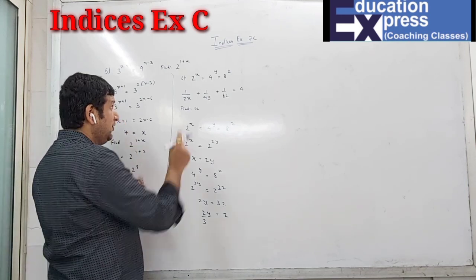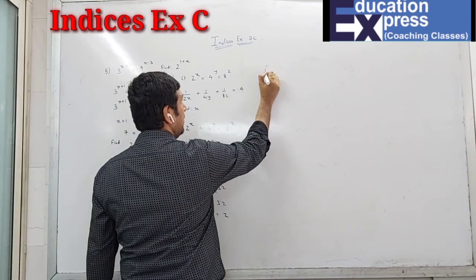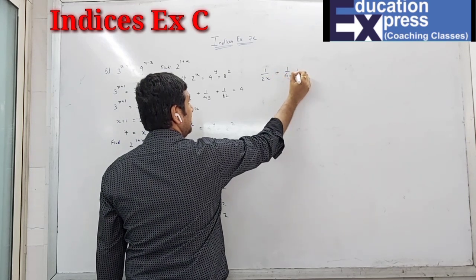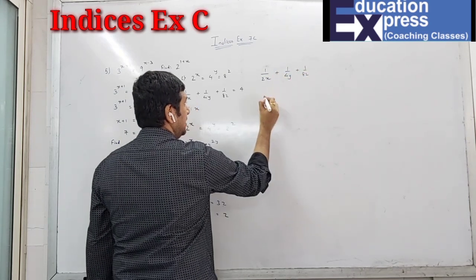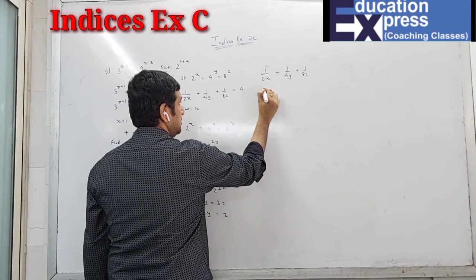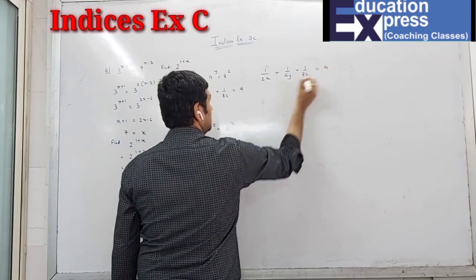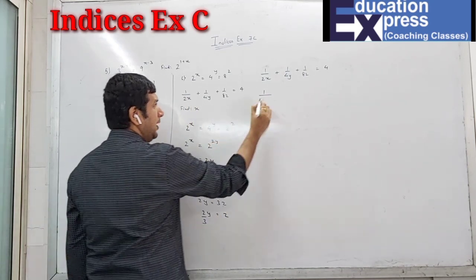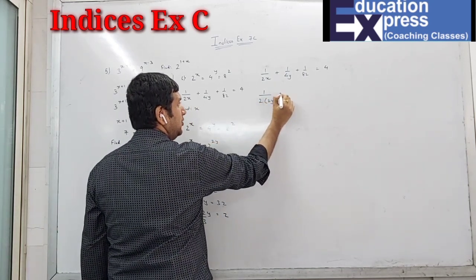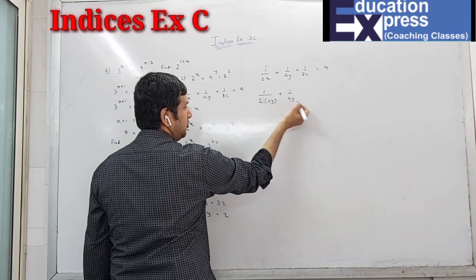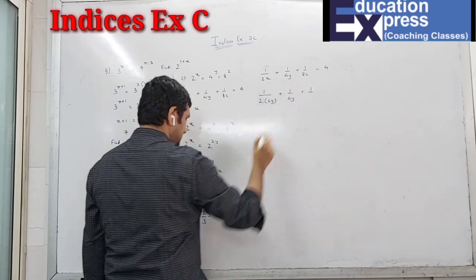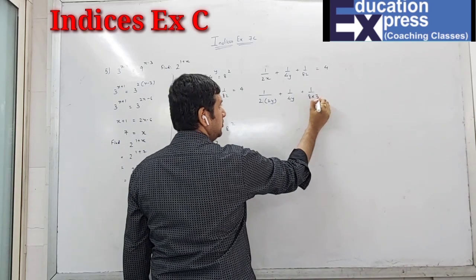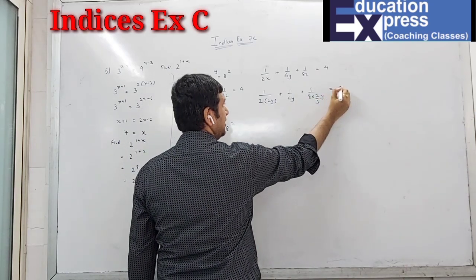So now the equation they have given us is 1 upon 2X plus 1 upon 4Y plus 1 upon 8Z equals 4. Now what is the value for X? 2Y. Obviously I want to get everything in terms of Y only, and Z is 2Y upon 3. So 8 instead of Z, 2Y upon 3, equals 4.